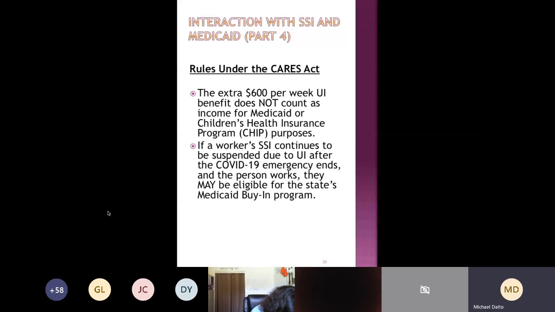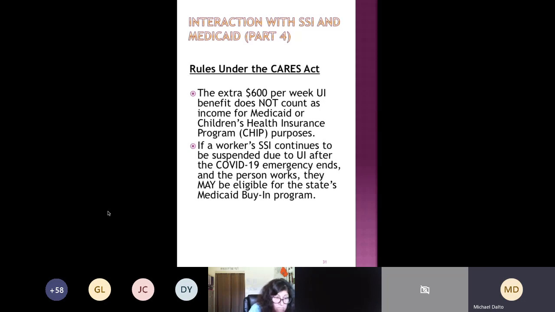Now, the CARES Act adds another provision that's very important regarding Medicaid. The CARES Act says that extra $600 a week unemployment benefit that people can receive either through pandemic unemployment assistance or one of the other two benefits for people who get regular UI or whose regular UI has run out, all three groups are getting that extra $600 a week through the end of July.